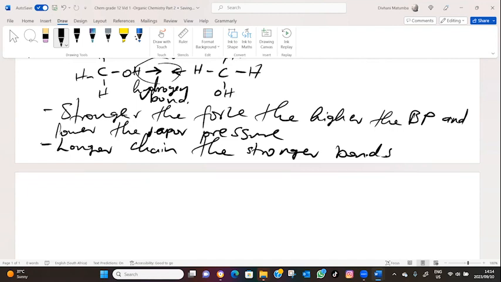Now, the other thing is the smaller the mass, the lower the boiling point.